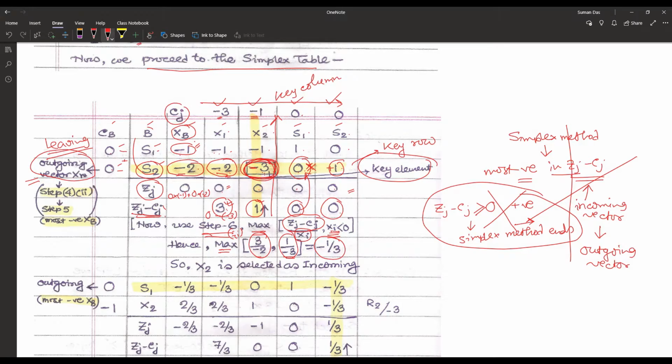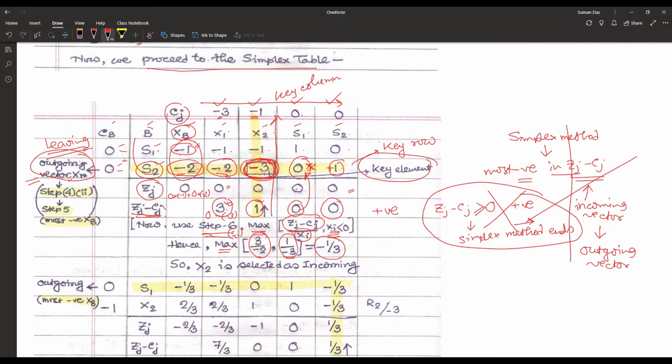So once again, if we memorize the thing, all the Zj minus Cj must be positive. We have to choose the xb which is the most minimum but must be non-negative. In that case, that is minus 2, so we are choosing that row as our key row, and it is the outgoing vector or leaving vector.